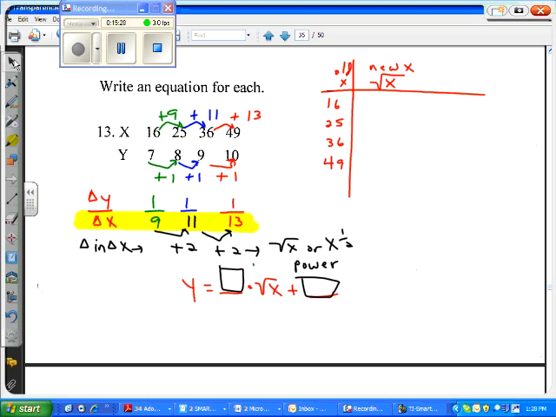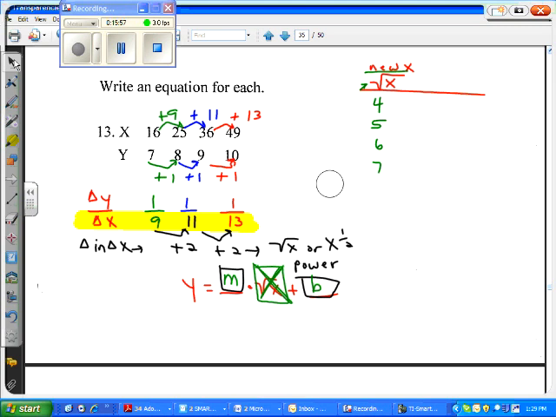And so what we're really doing is we're going to think of square root x as an x. And if we do, then this would be the slope and the y-intercept of what becomes linear as we change that. So we're going to get us some new x's, which will be the square root of the original one. So square root 16 is 4, square root 25 is 5, square root 36 is 6, square root 49 is 7.